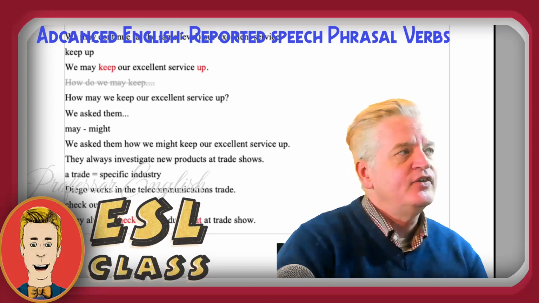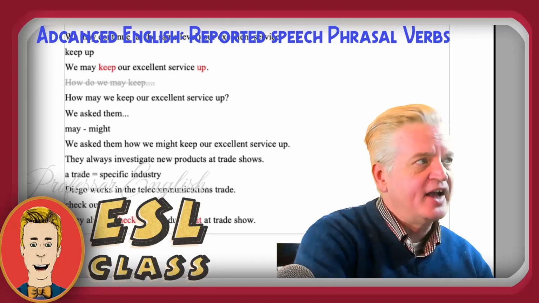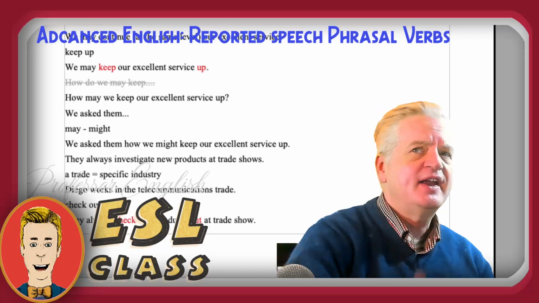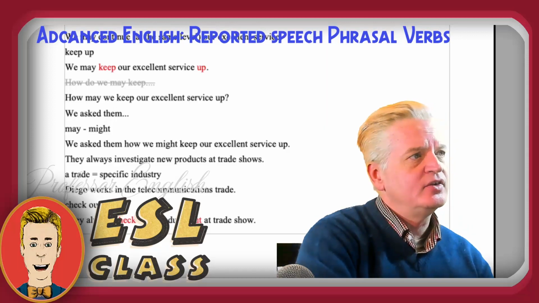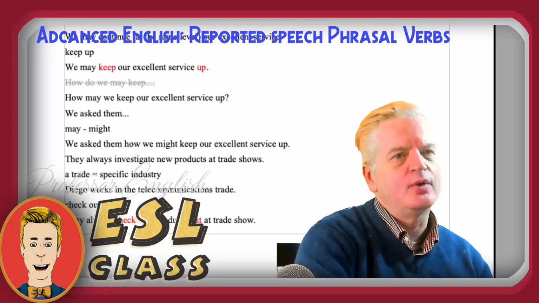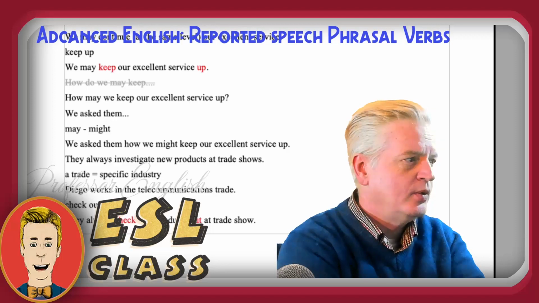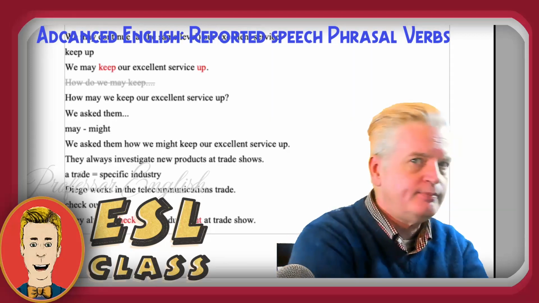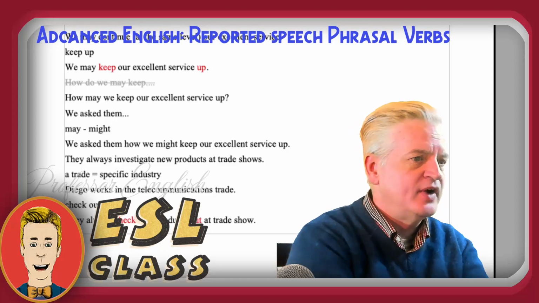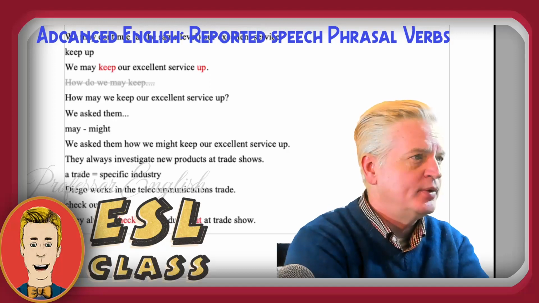Okay. Now, if you see on the screen, when we were doing this exercise in a class, my student said, when I asked him, make a how question, his original answer was, how do we may keep? What is wrong with that? Can you identify a problem with that? If you have the word may, which is a modal, you follow different rules than if you just have a verb like keep.